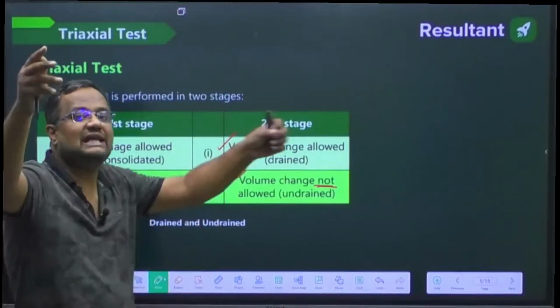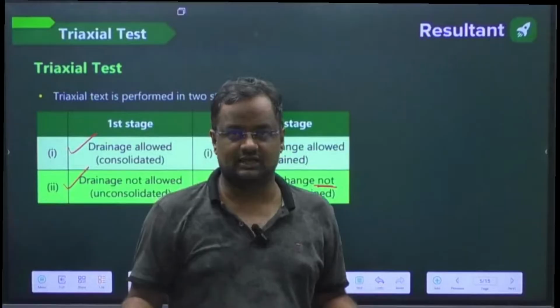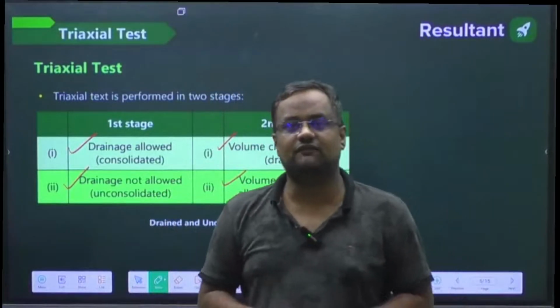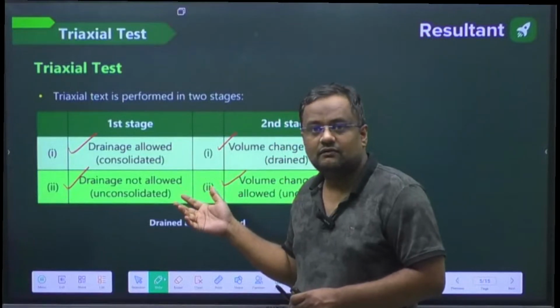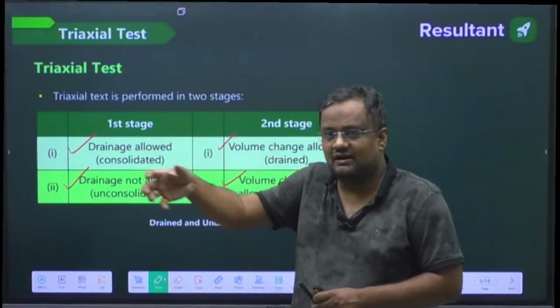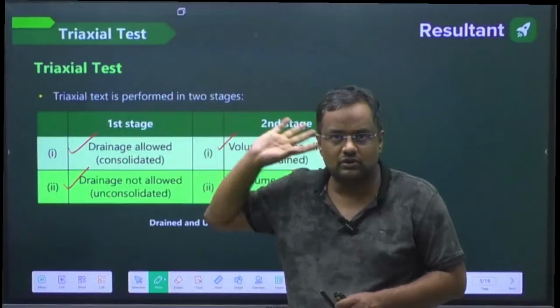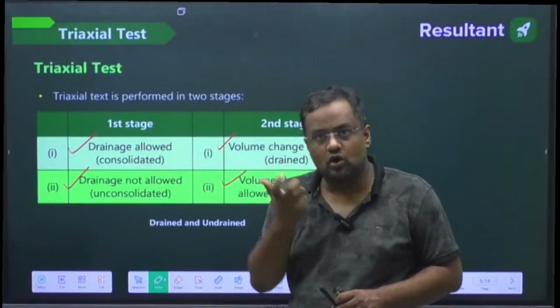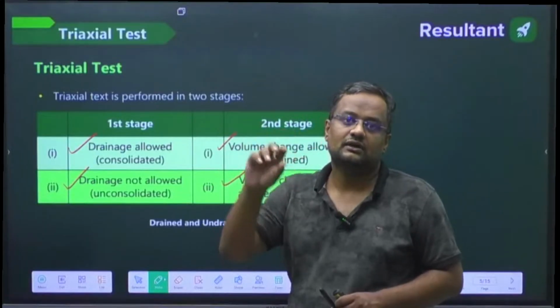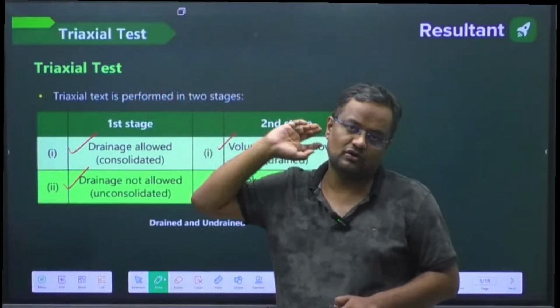So either in the first stage or the second stage, we can put the valve open, so we allow consolidation or volume change. Or in the first stage and second stage, we can put the valve closed so that it is unconsolidated, or we can say volume change not allowed.